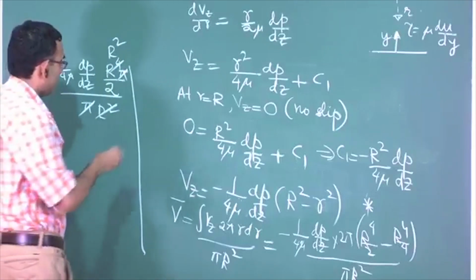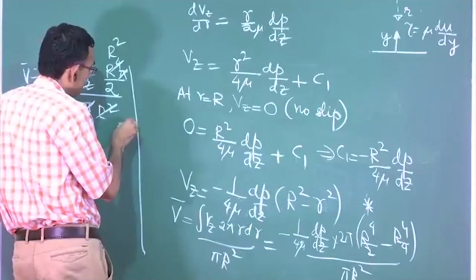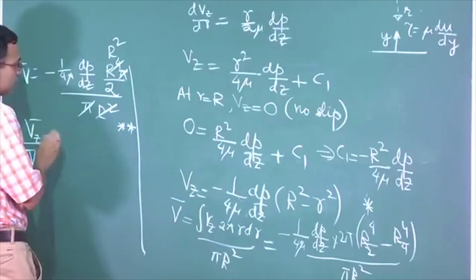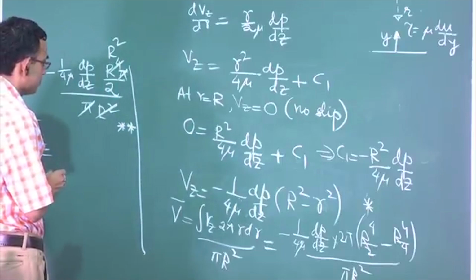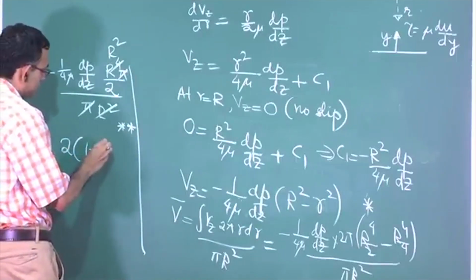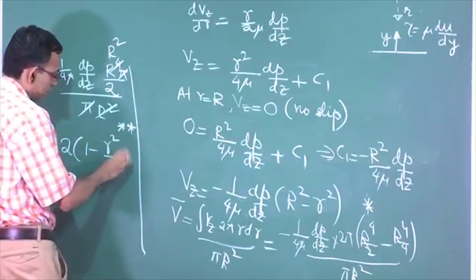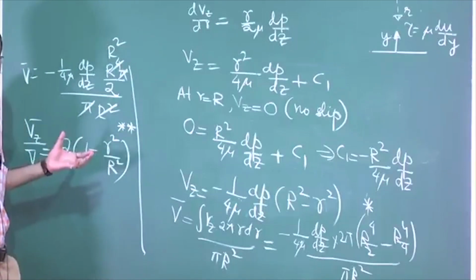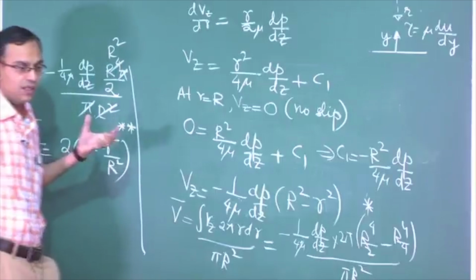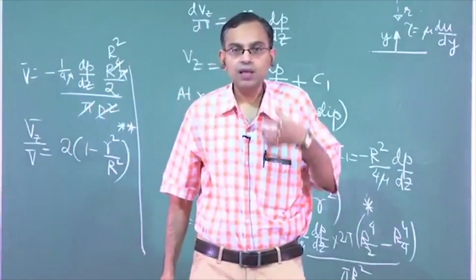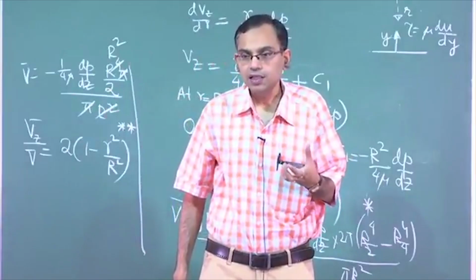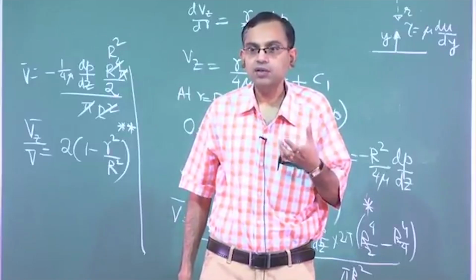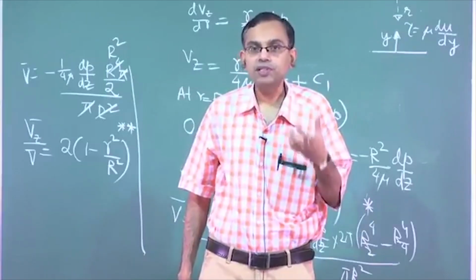So, by considering equation star and equation double star, you can write... this flow is classically known as Hagen-Poiseuille flow, and although it appears to be a very fundamental aspect of fluid mechanics, this was actually derived and developed by a person called Poiseuille, who by profession was a physician.